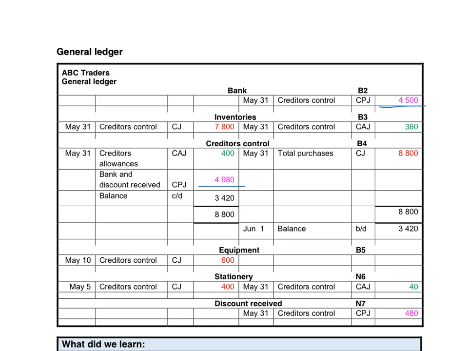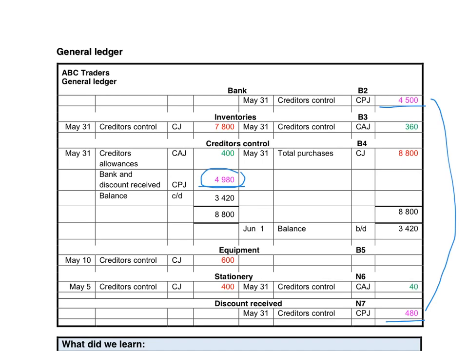So it means my discount received account will be credited with 480. So the amount that we paid, the 4,500, and the discount that we received, 480, will be recorded on the debit side of the creditors control column to show that the creditors decreased with the total amount.